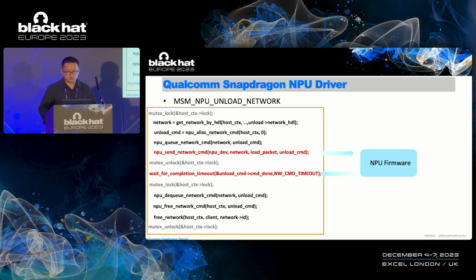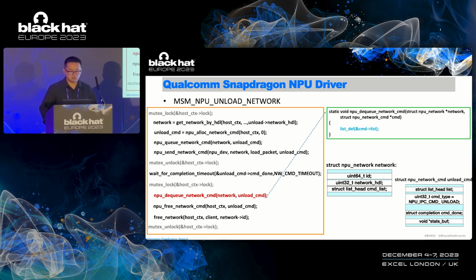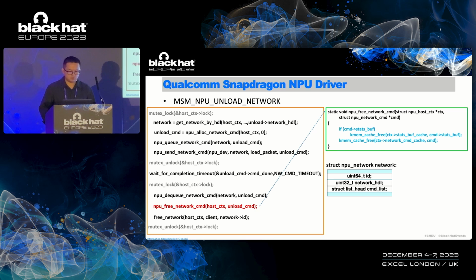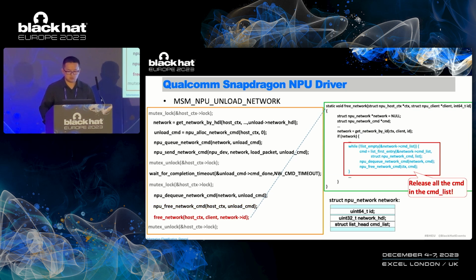After that, the driver will send the unload command to the MPU firmware and wait for completion of it. When the MPU firmware completes the unload command, it will wake up the driver side. So now the unload command has been completed. It will be dequeued from the command list of the MPU network. And after the dequeue operation, the unload command will be released.